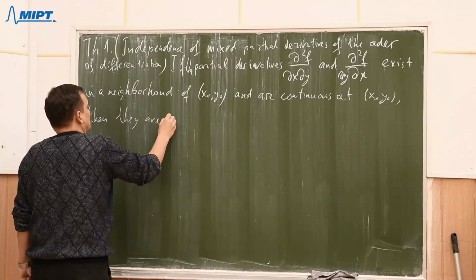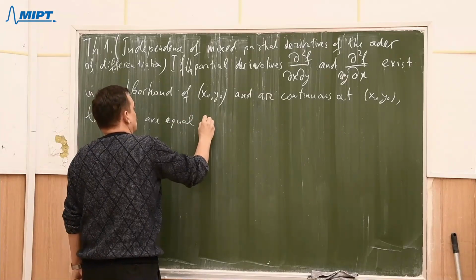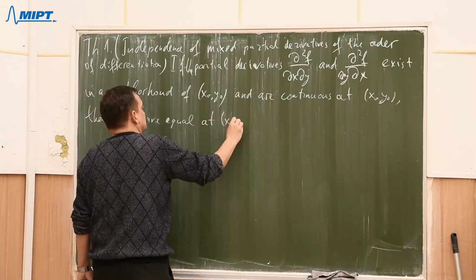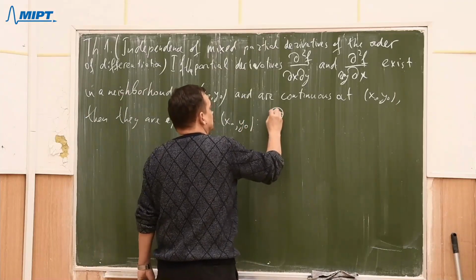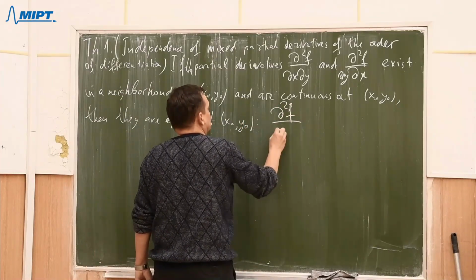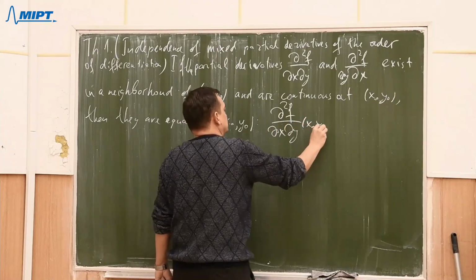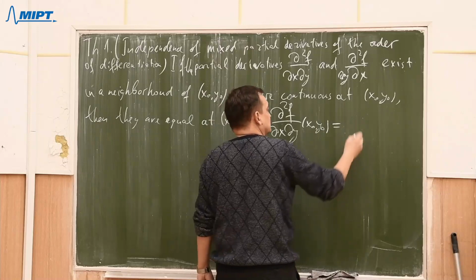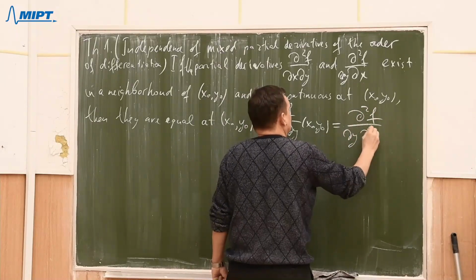They are equal at x naught, y naught. So the partial derivatives of second order with respect to xy at x naught, y naught, in first order, they are equal.